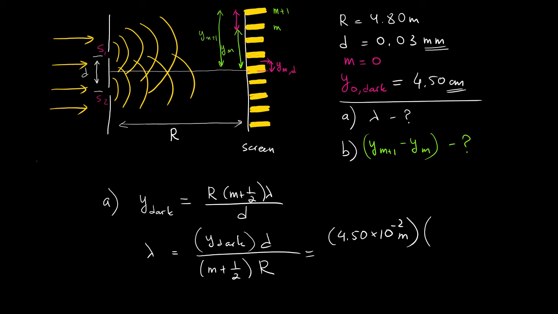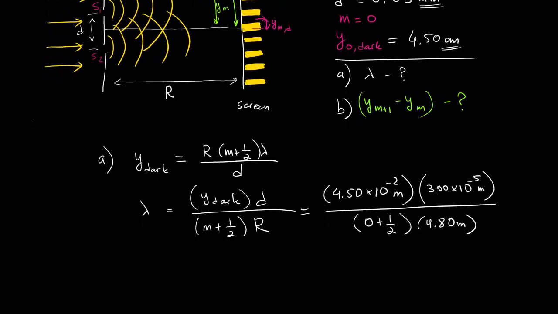Converted to meters, that becomes 3.00 times 10 to the negative 5 meters, divided by, so m is 0 because it's the first dark fringe, plus 1/2, times R, which is 4.80 meters.